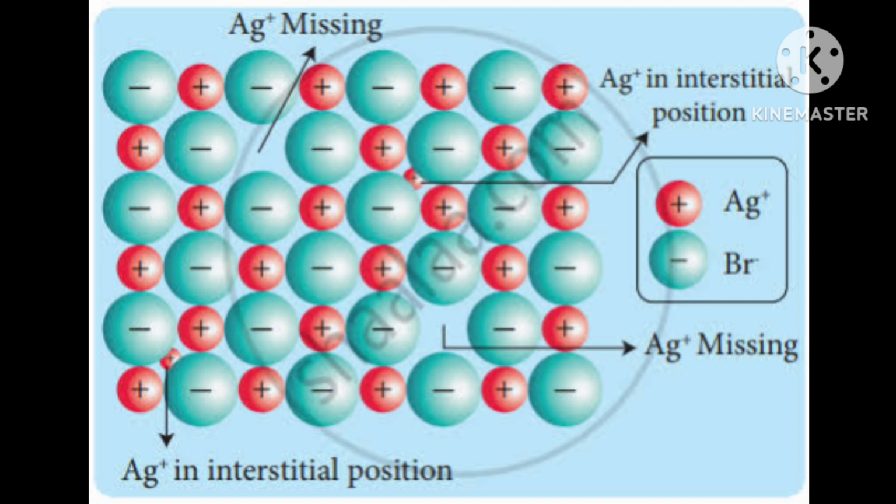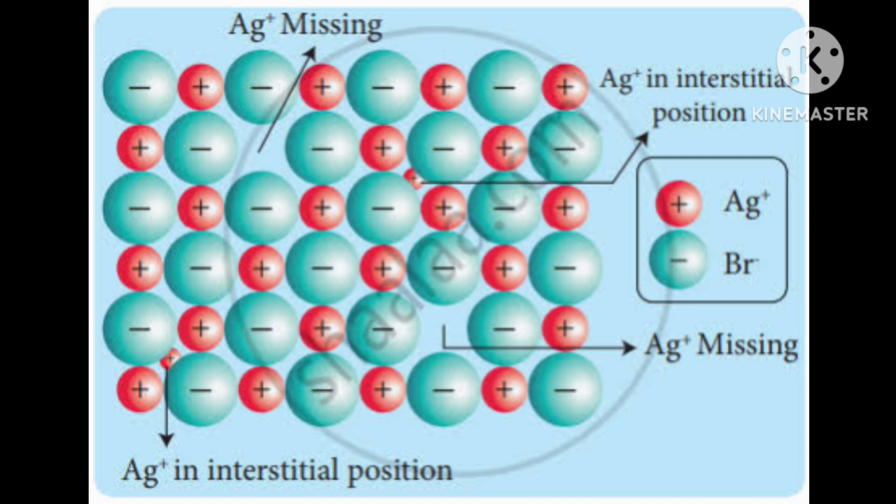These are examples of ions where cation and anions are of equal size. That question may be asked in this way also: equal size cation and anion plus Schottky defect. Schottky defect is shown in NaCl, KCl, cesium chloride and silver bromide.